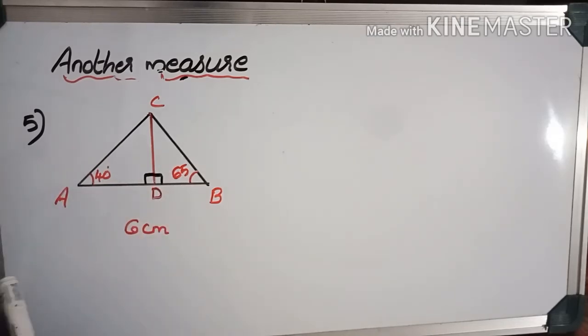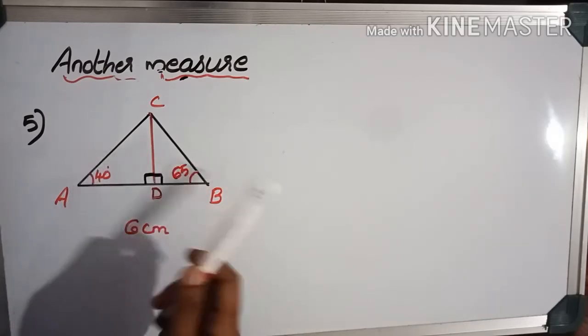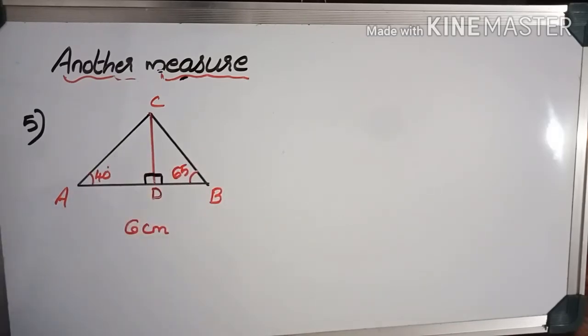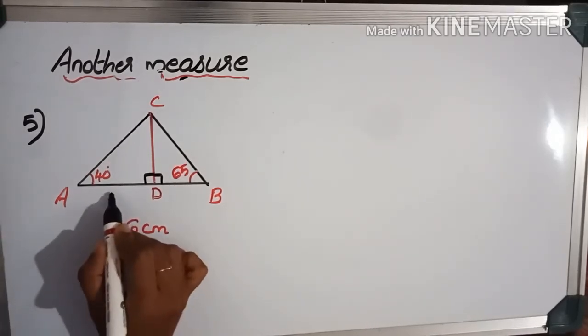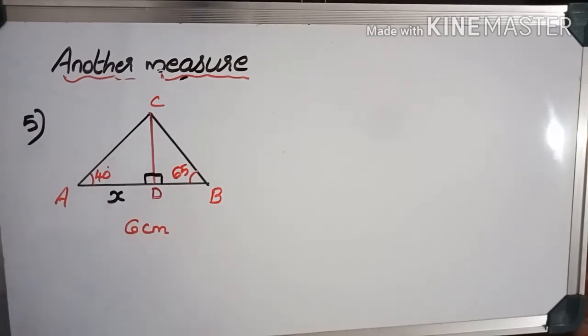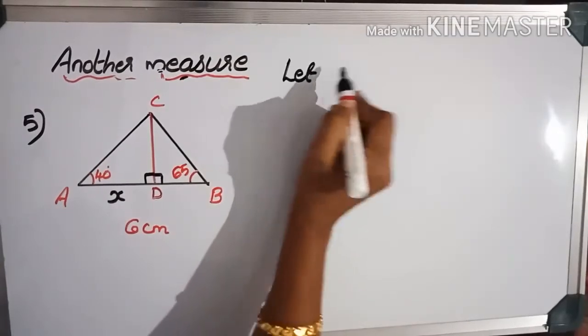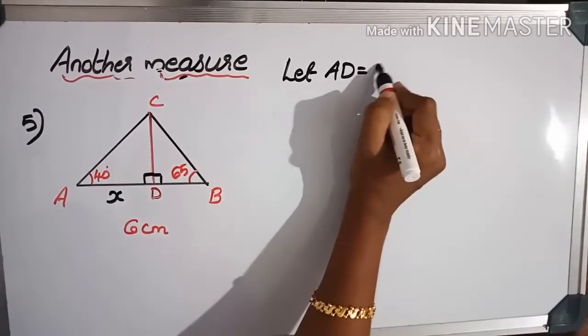Here we consider one side as x centimeter. By comparing the two equations you have to solve this very important question. You can expect this. So consider the first side as x. Let AD equal x centimeter.